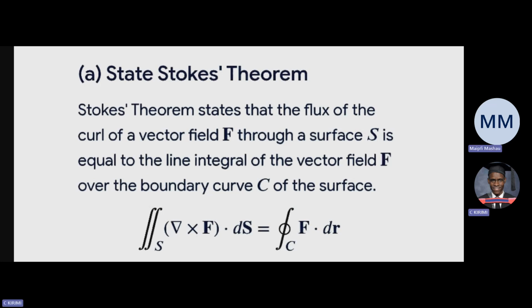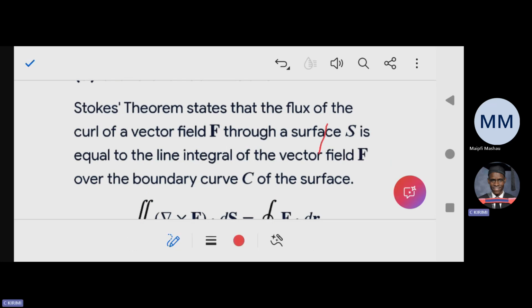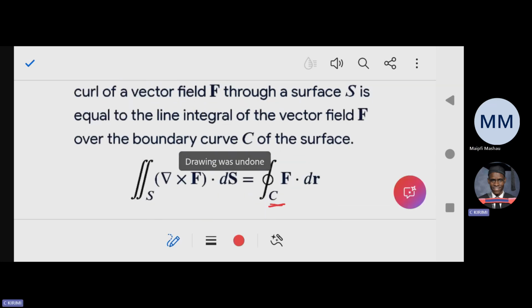Stokes theorem states that the flux of a curl, the curl which they are referring to is this curl, the curl of vector F through a surface S, is equal to the line integral of a vector field, that vector field is still F, over the boundary curve of the surface.